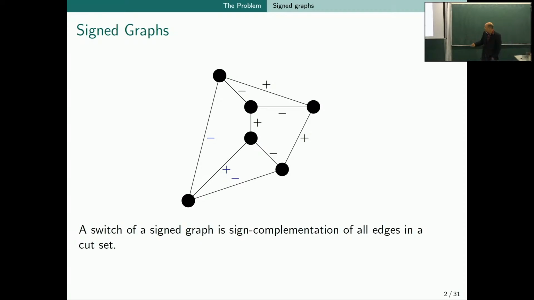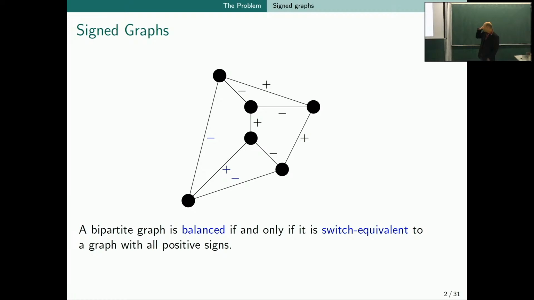Okay, so this switching plays well with the notion of balance of cycles, because when you switch, balance is preserved on cycles. And so we need one result, a result of Zaslavsky from '82. We call a graph balanced if we can switch the whole graph to positive.